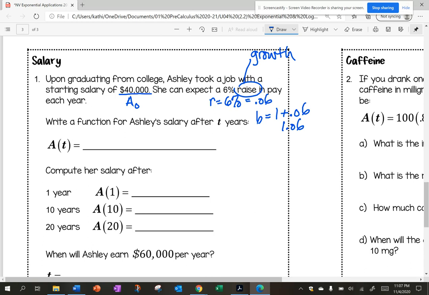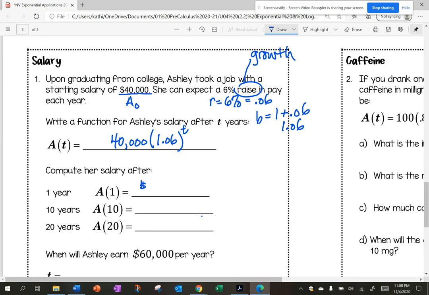So my equation is 40,000 times 1.06 to the t. Okay, compute salary 1 year, 10 years, and 20 years later. So we're going to put our equation in y equals and go look in the table.